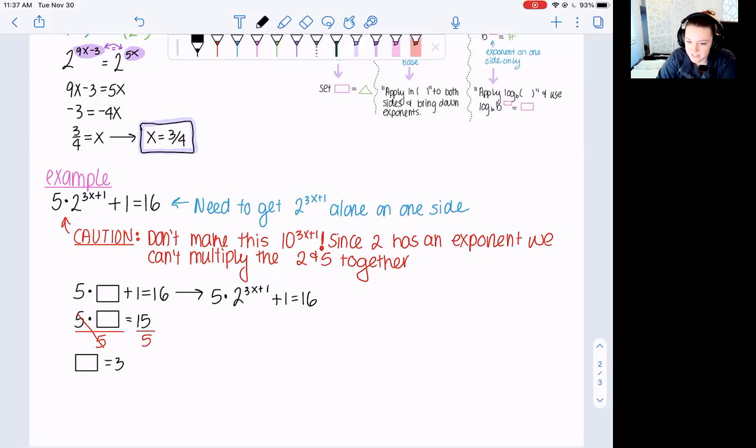So again, I'm subtracting 1 on both sides to get rid of that 1. That leaves me with 5 times 2 raised to the 3x plus 1 equal to 15, because we subtracted 1 on both sides. Then I'm dividing both sides by 5 to get rid of that 5, so that you have 2 raised to the 3x plus 1 is equal to 3.